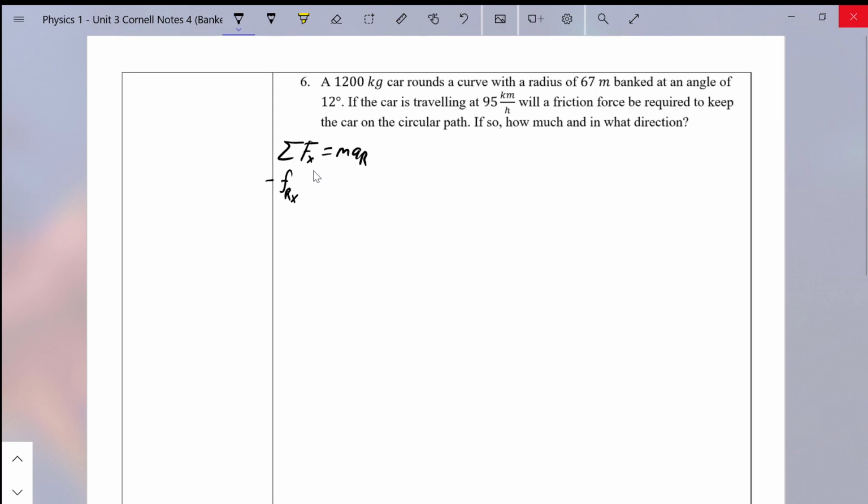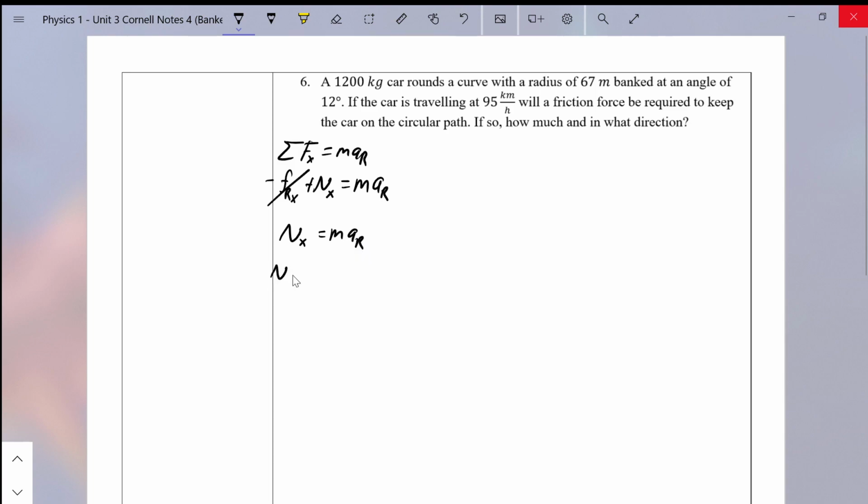Then we will also have a normal force component that will be pointed radially inward, so it's positive. And we will also have, well, no, that's it. So this will be equal to ma sub r. And we want the condition, however, that there is no friction, and so this friction term goes away, and we're left with nx is equal to ma sub r.